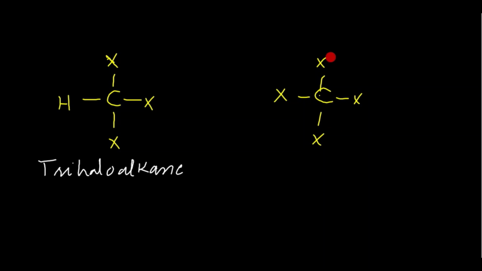There are four halogen atoms in this molecule. So this is a tetrahaloalkane. Tetrahalo shows there are four halogen atoms.